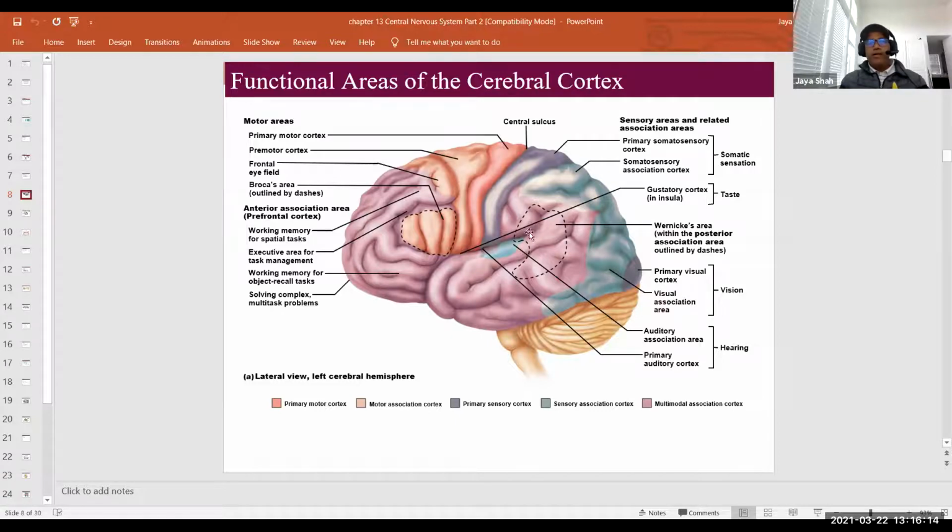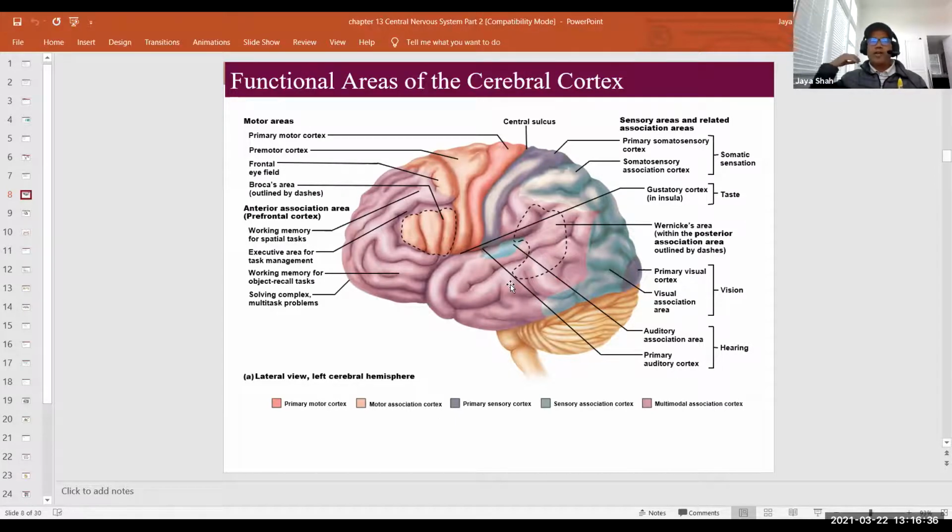Another area is here, the primary auditory cortex. See here, the primary auditory cortex. This area is deep within the temporal and parietal area.